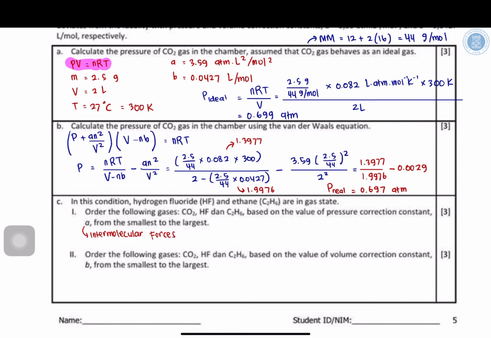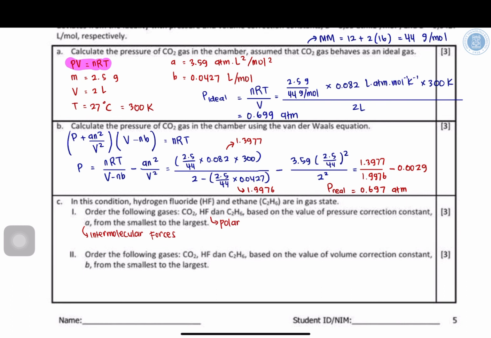So basically, gas molecules which have stronger intermolecular forces will tend to have a bigger value of a. So for example, we see CO2 which is non-polar, and then HF which is polar, and then C2H6 is also non-polar. So for the HF, which is a polar molecule, we would expect a bigger value of a because of the stronger intermolecular forces.